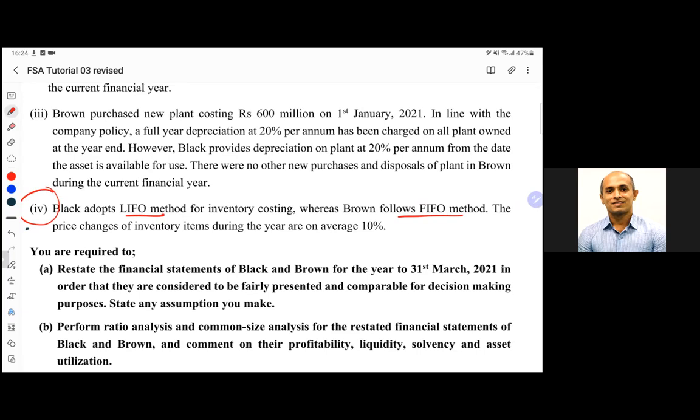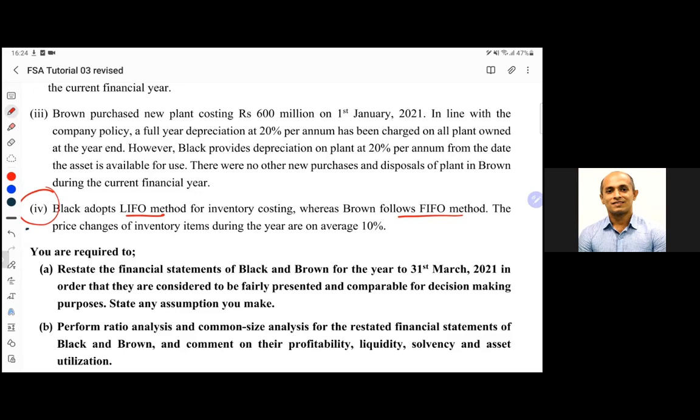We studied that inventory costing affects inventory values, cost of sales, and gross profit.